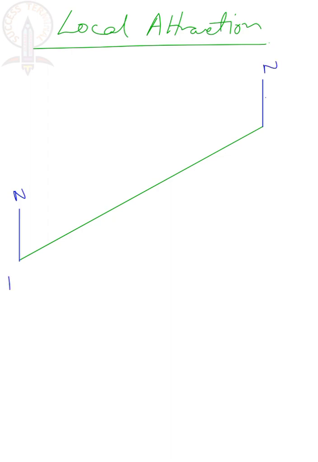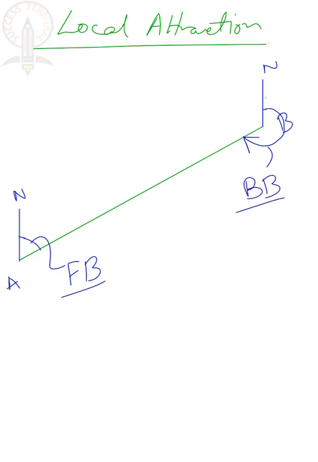What will happen? I have told you that the angle between magnetic north and the front side of that line is known as forebearing. This is the front side forebearing, and the back portion of the line, this angle, is known as back bearing, that is BB. Forebearing, back bearing, clear?